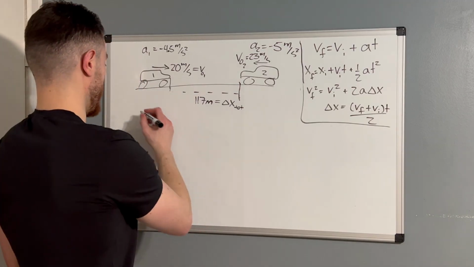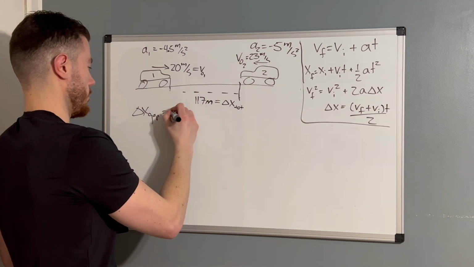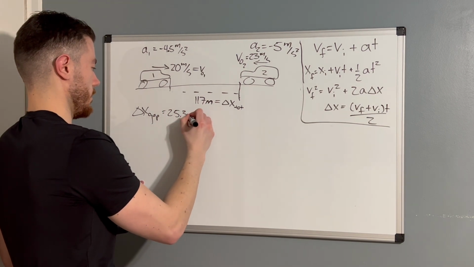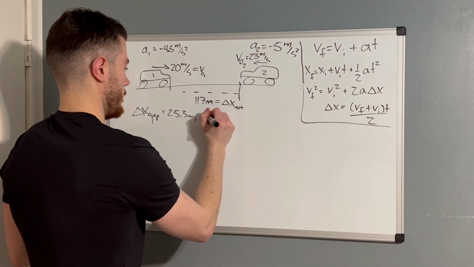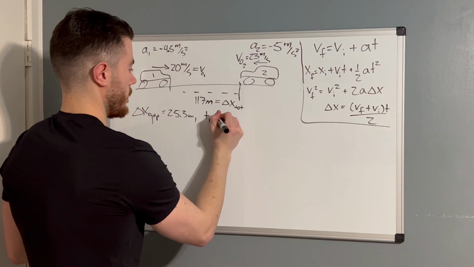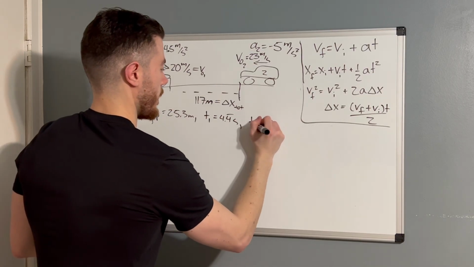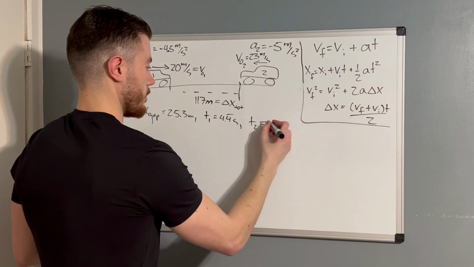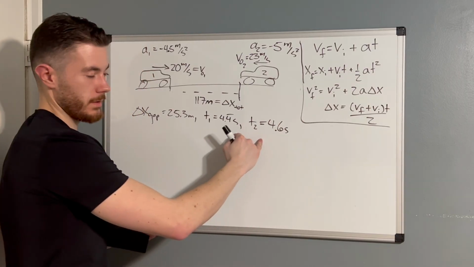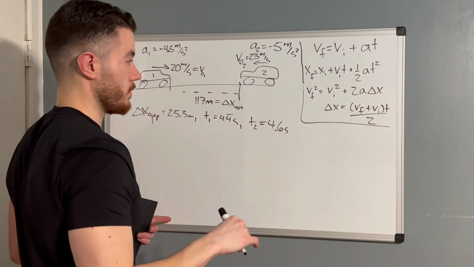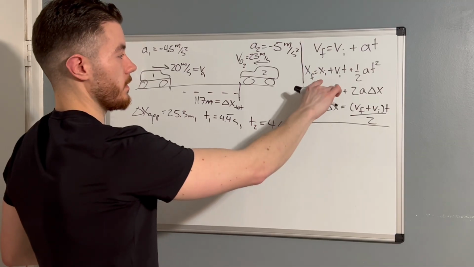So far we found that delta x gap is 25.3 meters. We found that T for car 1 is equal to 4.4 repeating seconds, and time it takes for car 2 to stop is equal to 4.6 seconds.